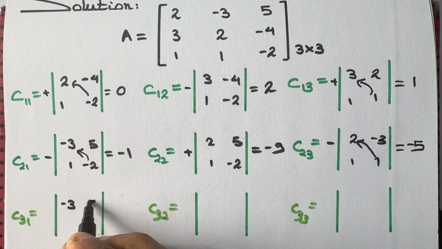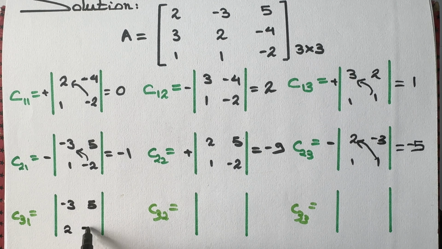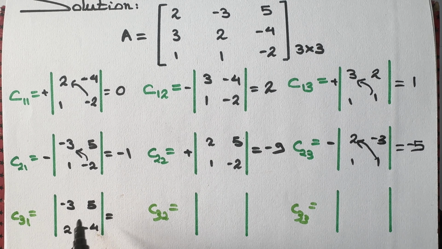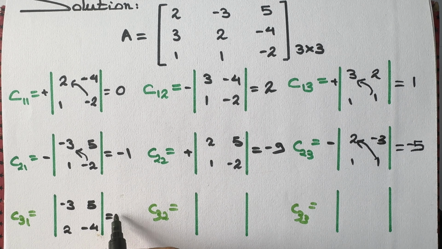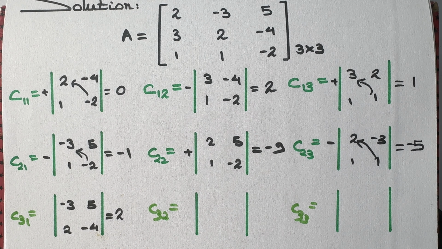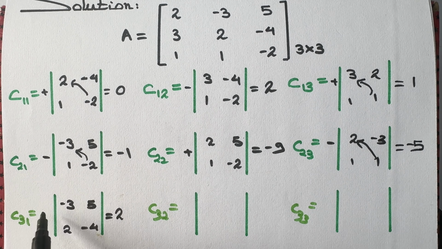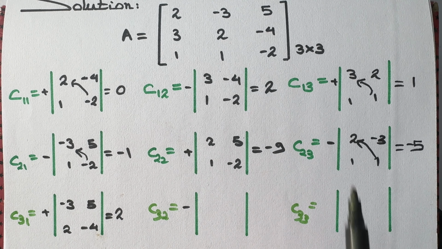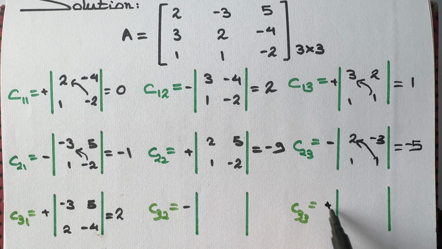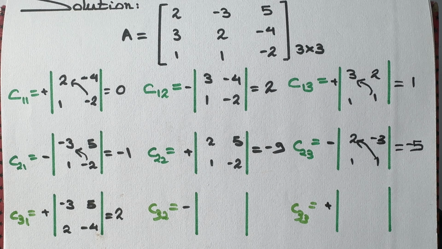That is equal to 12 minus 10, which is 2. We should check the sign as well: plus, minus, plus; minus, plus, minus; plus, minus, plus. Okay.